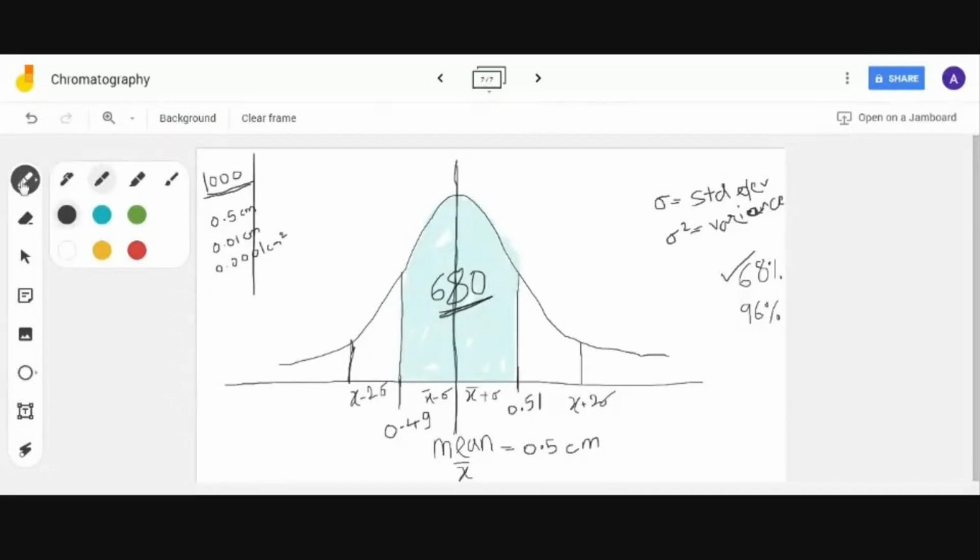Okay, now there is another area. Consider this height. It is x plus 2 sigma. 2 sigma, मतलब यहाँ पे क्या होगा? x plus 0.02, मतलब it will be 5... मैं यहाँ पे लिखता हूँ, there is no space otherwise.